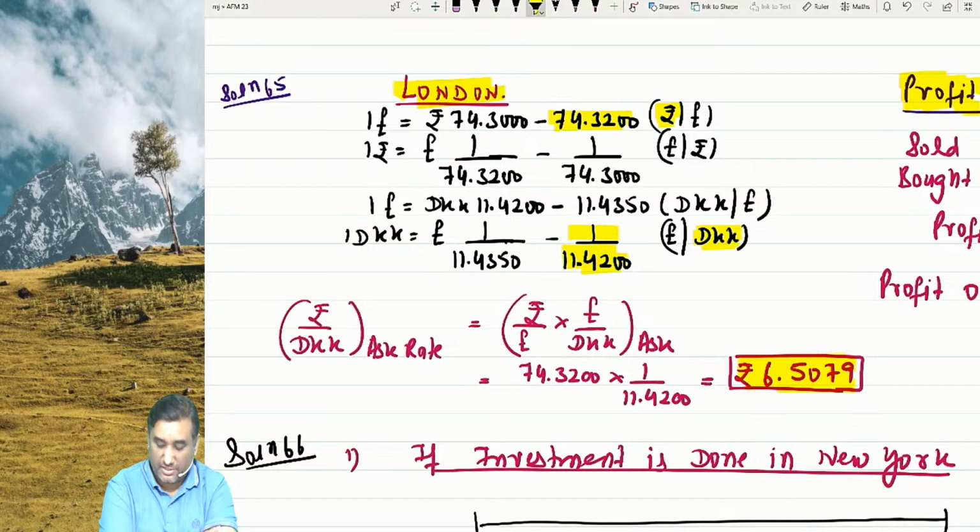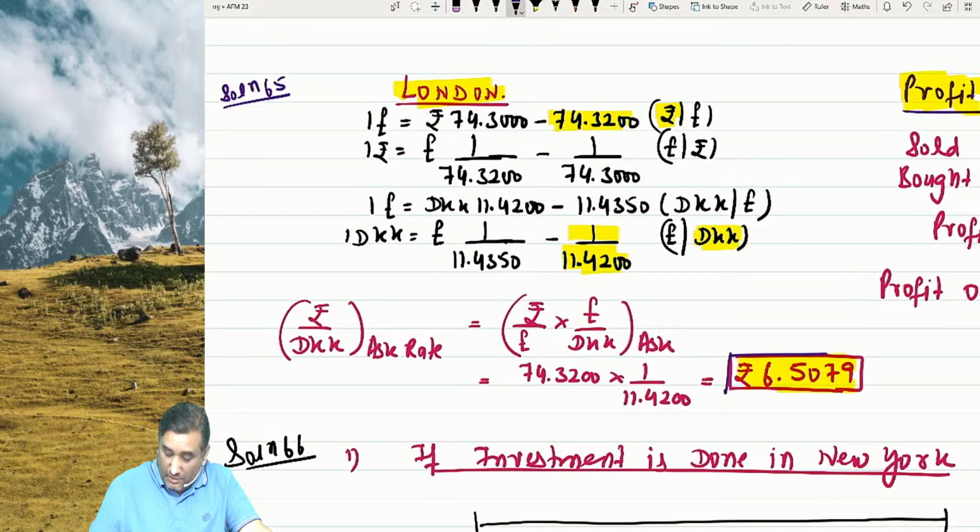I got the first answer as 6.5079. This was the London market. So we used quotation number 1 and the last one. Used the first and the last one.